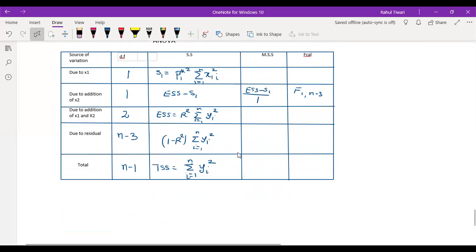And for this one also we need to calculate. So this quantity I will say is RSS, so you can call it RSS by n minus 3, where beta 1 star is going to be summation x1i yi whole thing divided by summation x1i square.